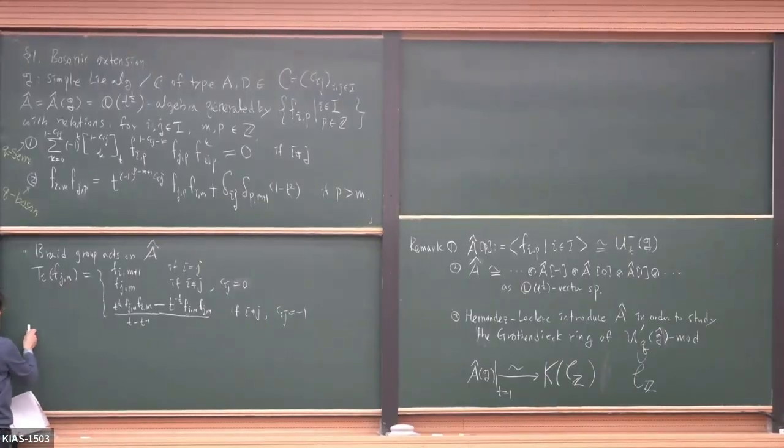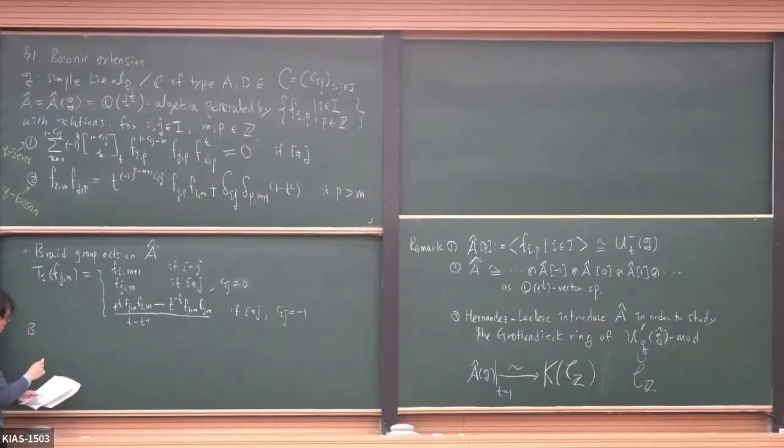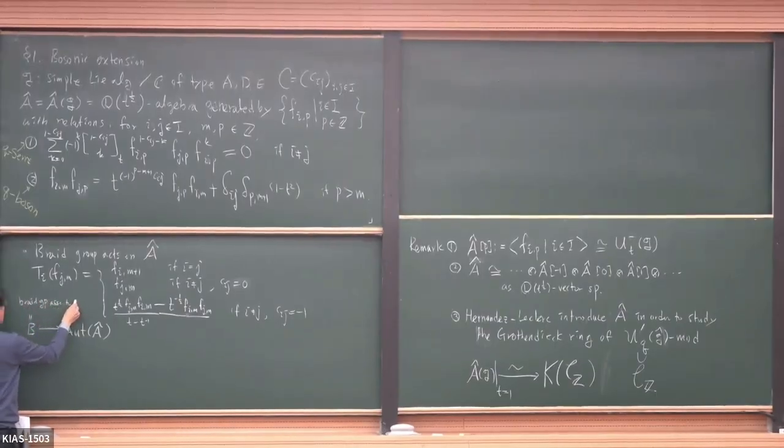Actually, it is not only an automorphism, it satisfies the braid relations. What I mean is that there is a braid group action. This is the braid group associated with our finite dimensional Lie algebra G. Let me denote by sigma_i the generator of the braid group. Then sigma_i is mapped to T_i, and the T_i satisfy the braid relation. That's the point.